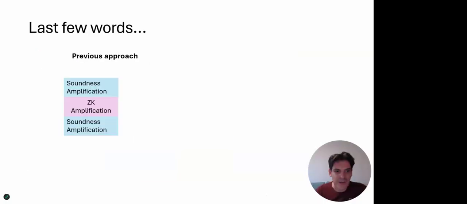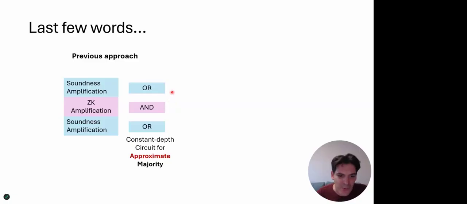So let me end by taking another look at the previous approach. Remember that we have a constant number of levels of soundness amplification, zero knowledge amplification, and so on. And if you look closely, you will see that implicitly these previous approaches implemented a constant depth circuit for approximate majority, right? An AC0 circuit. And because this was only approximate majority, they get only moderate amplification.